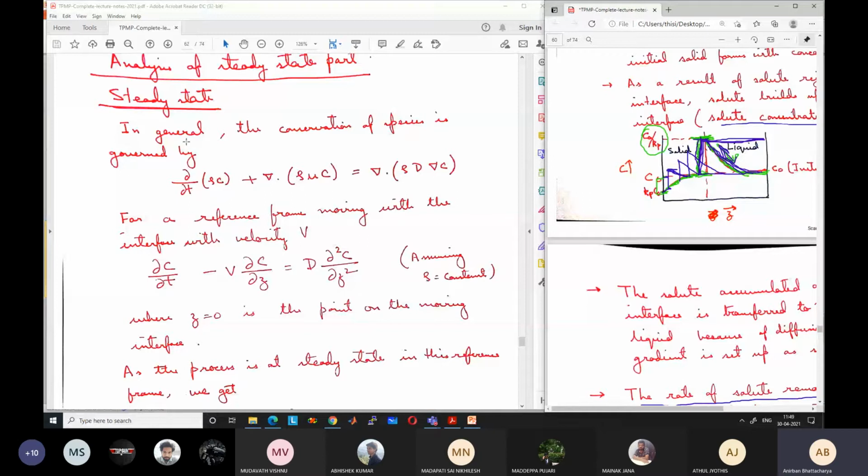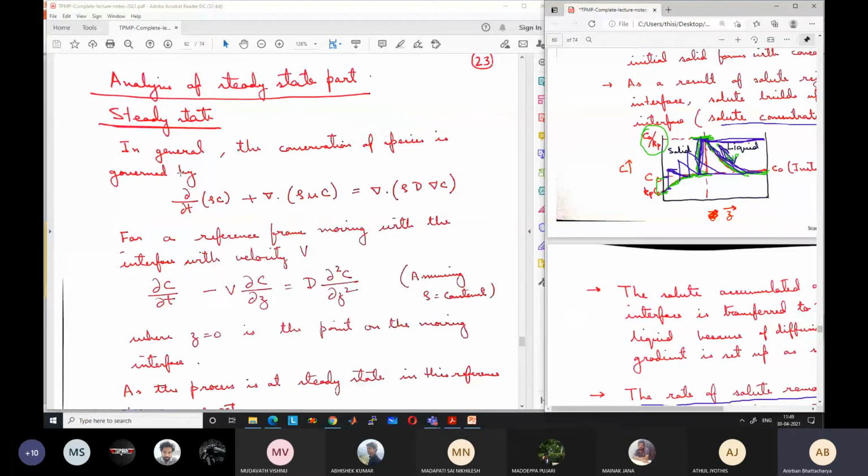In general, the conservation of species is governed by the species conservation equation, which is exactly similar to the energy equation. You have a transient term, del/del t of rho c, plus the convective or advective term, del dot rho u c, equal to a diffusive term, del dot rho D del c.